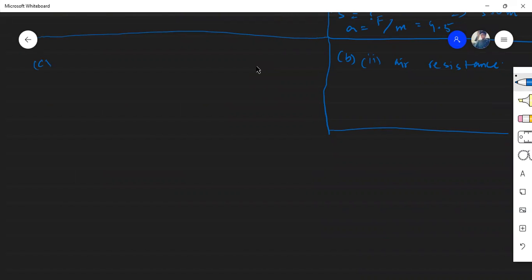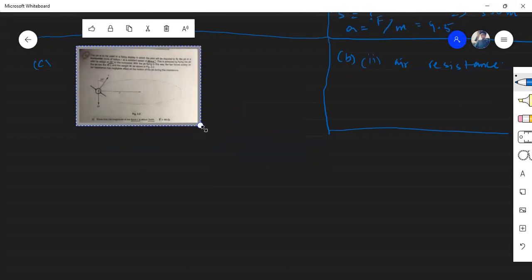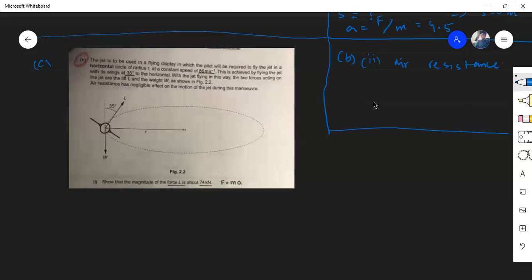Part C says that the plane has to move in a horizontal circle. Let me just copy this from the worksheet so that we can also see it. Let's read the question real quick.